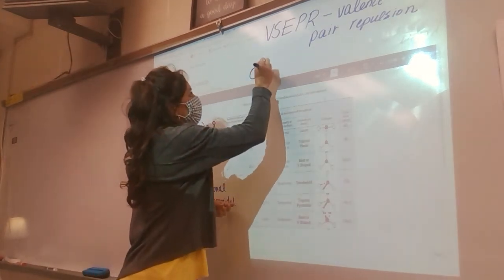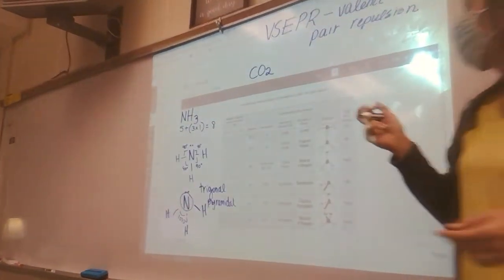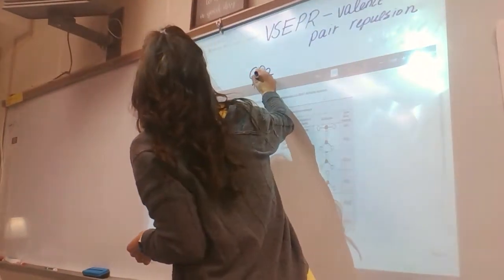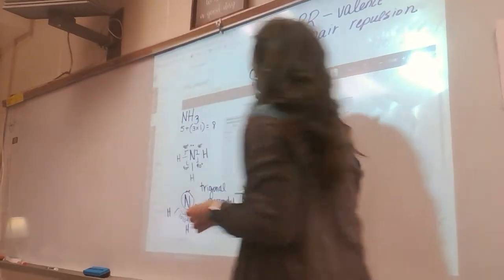But when we talk about bonding areas, we have to be careful. So if we look at carbon dioxide. Carbon dioxide has 4 and 2 times 6, so 16.